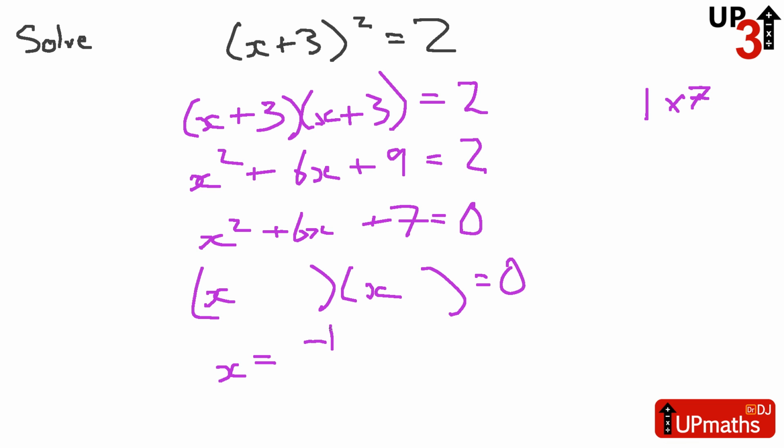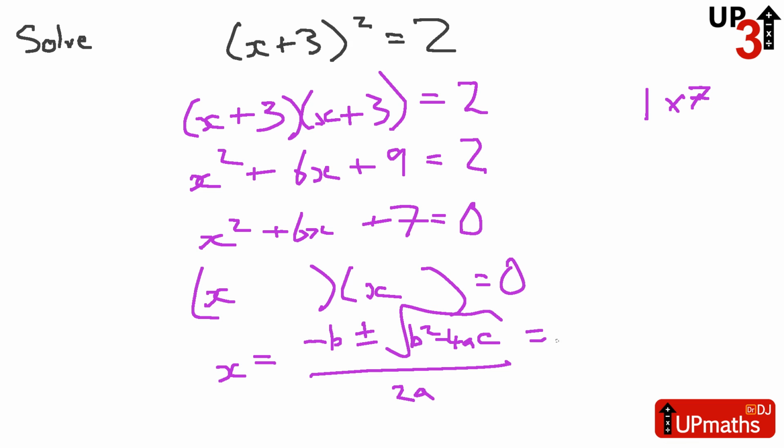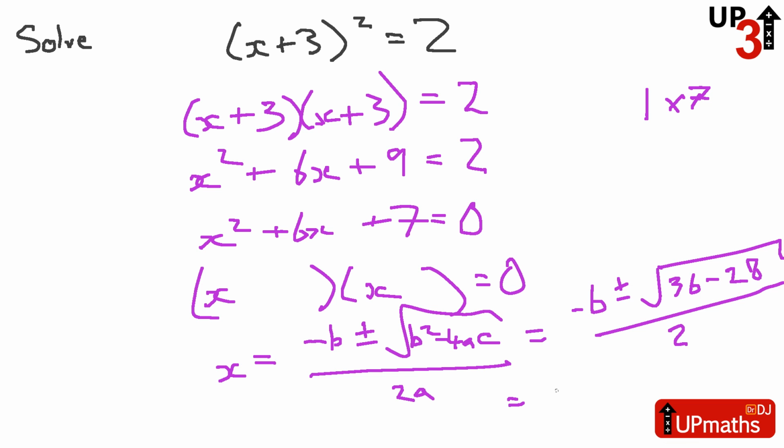X equals minus b plus or minus the square root of b squared minus 4ac divided by 2a, which equals minus 6 plus or minus the square root of 36 minus 4ac, so minus 28, divided by 2a, so that's divided by 2, so that's going to be minus 3 plus or minus the square root of 8 divided by 2.